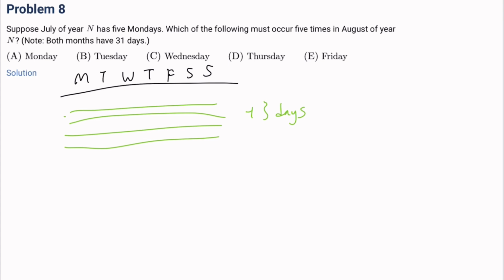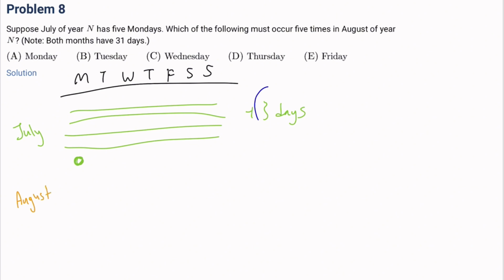But then since it has 5 Mondays, that means it must contain at least 1 Monday, and so we can make the 3 extra days either Saturday, Sunday, and Monday, or Sunday, Monday, and Tuesday, or Monday, Tuesday, and Wednesday, right? So the green is July, and say the orange is August.